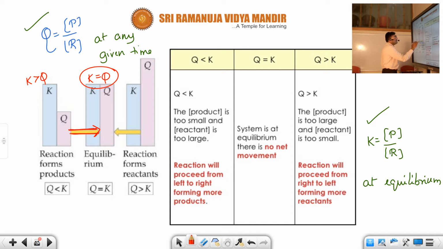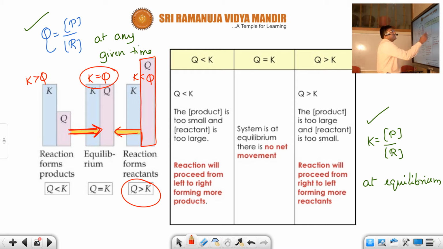If K is less than Q, that is, Q is greater than K, then the reaction goes in the backward direction. That means products are not favored. Very, very important. These three are very important.